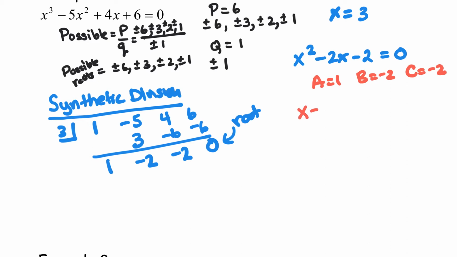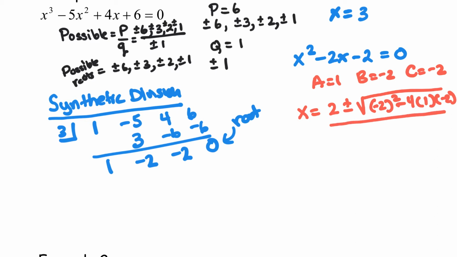So the quadratic formula is x equals 2 plus or minus the square root of negative 2 squared minus 4 times 1 times negative 2, divided by 2 times 1.